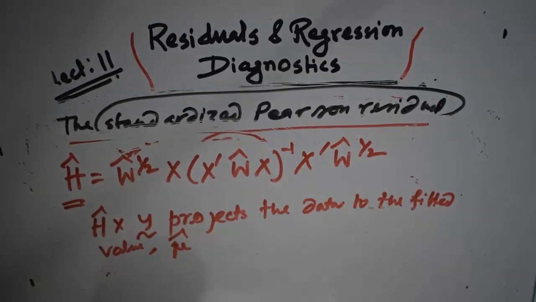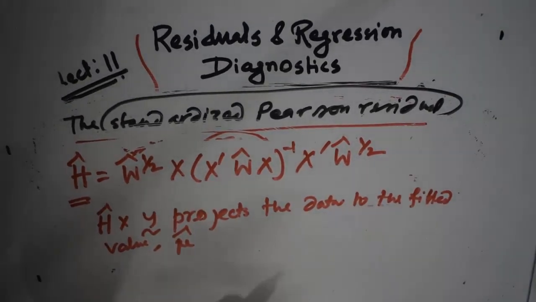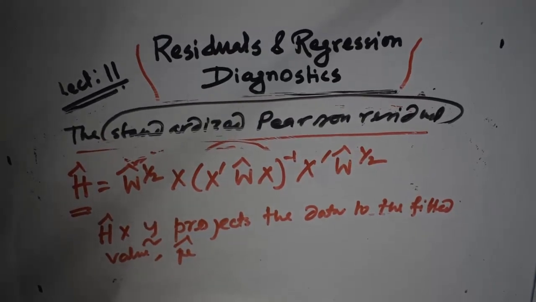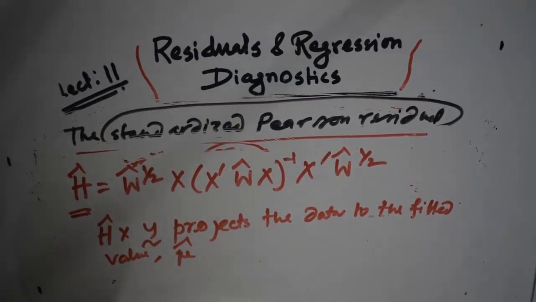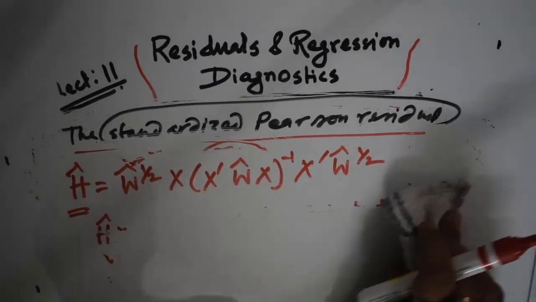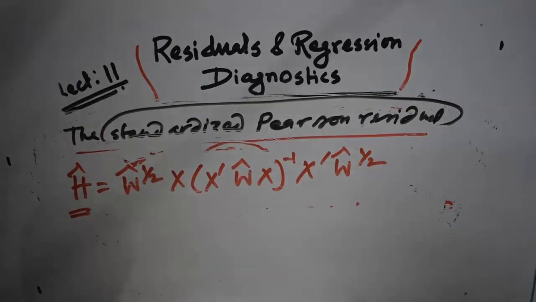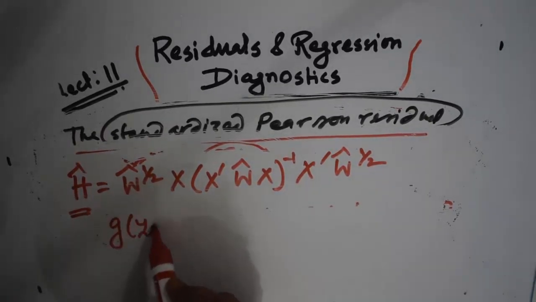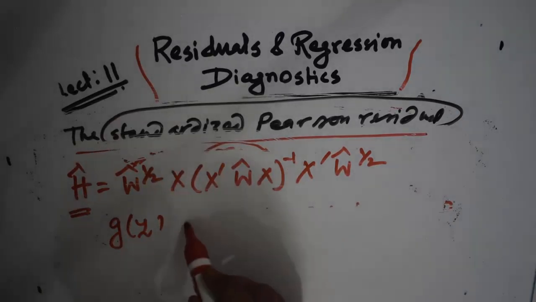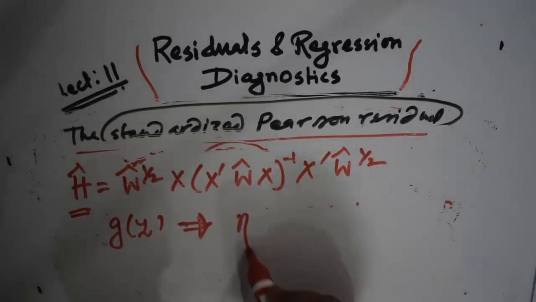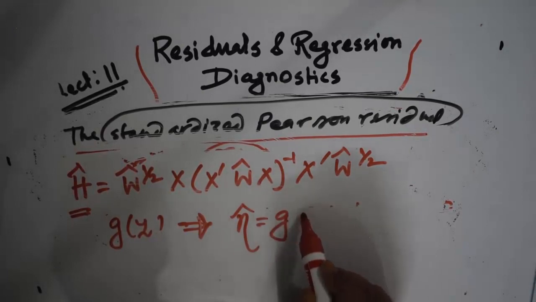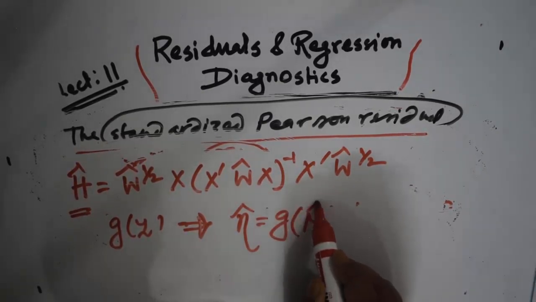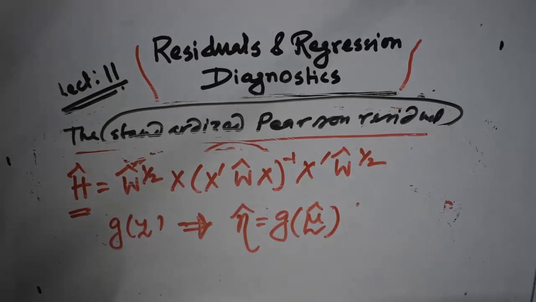For a GLM, applying the estimated hat matrix to a linearized approximation for g(Y curl) yields eta hat equal to g(mu curl hat), the model's estimated linear predictor values.